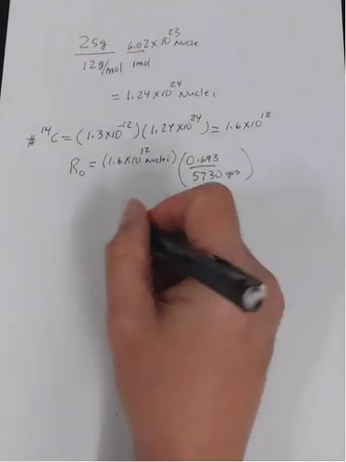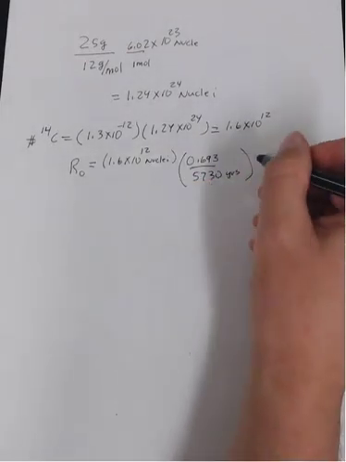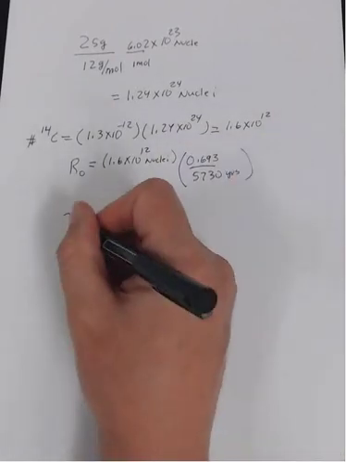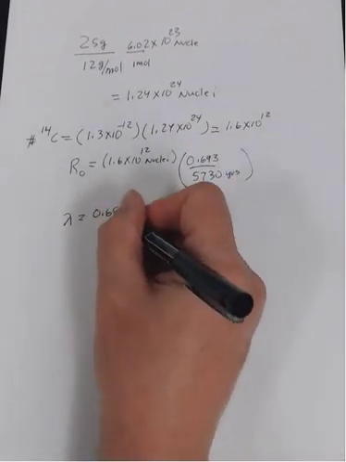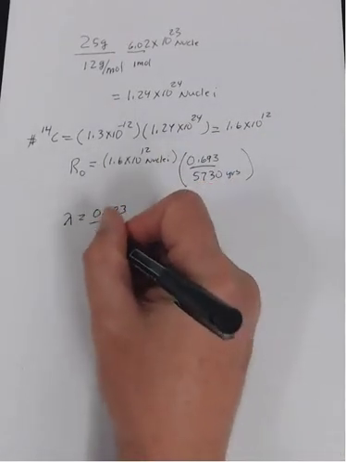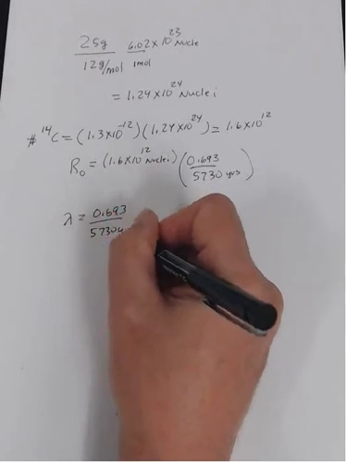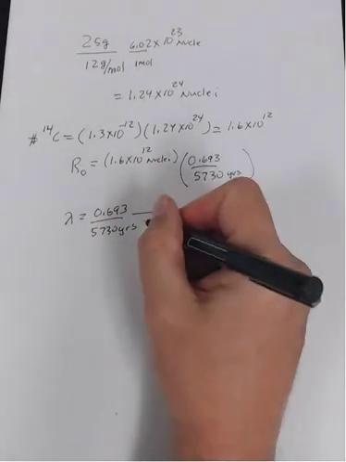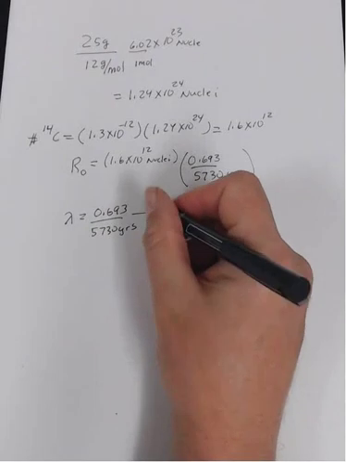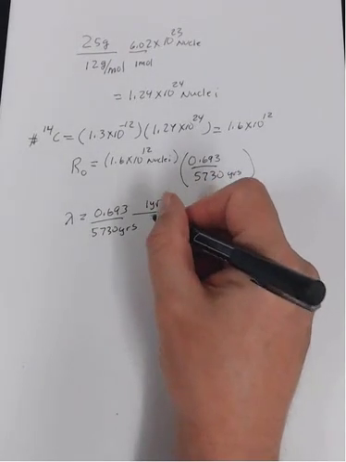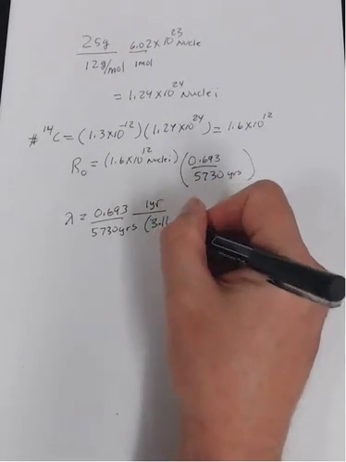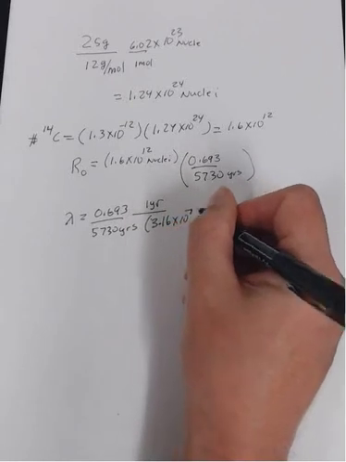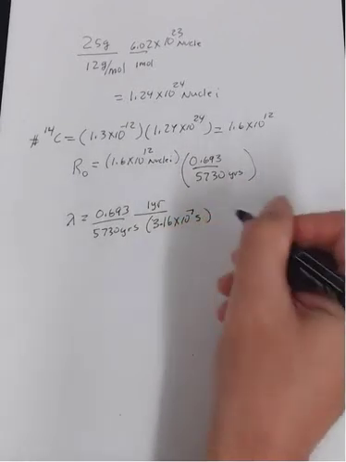And let's see, what do we have? Let's change it to minutes. Let's change lambda: 0.693 over 5,730 years, and let's see, 1 year is, we use this all the time, I should know, 3.16 times 10 to the 7 seconds.